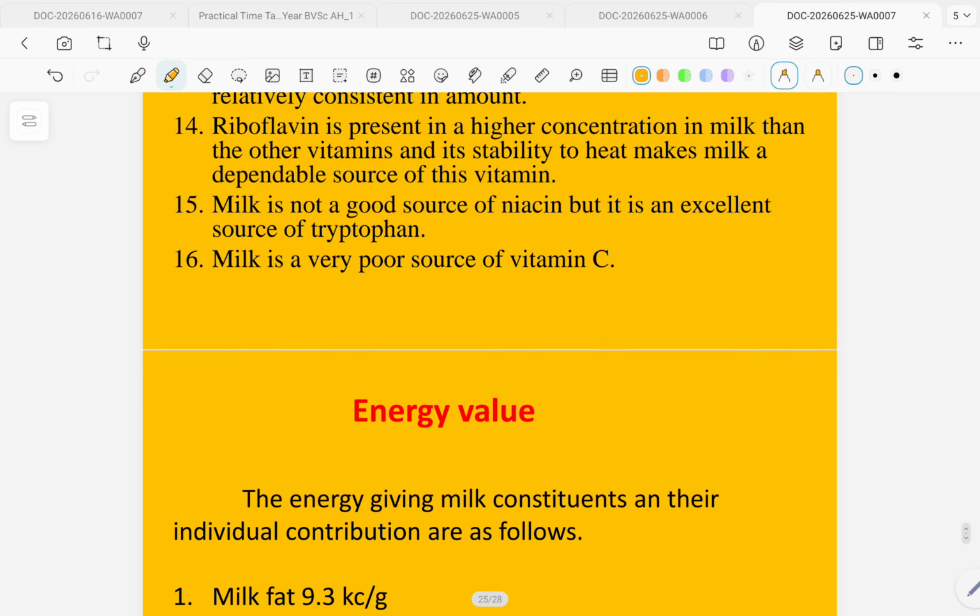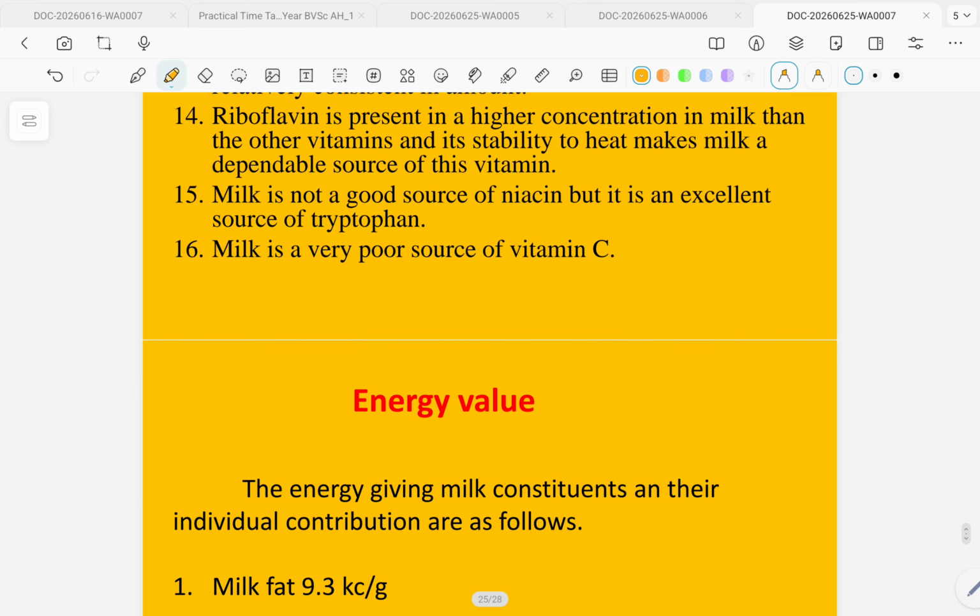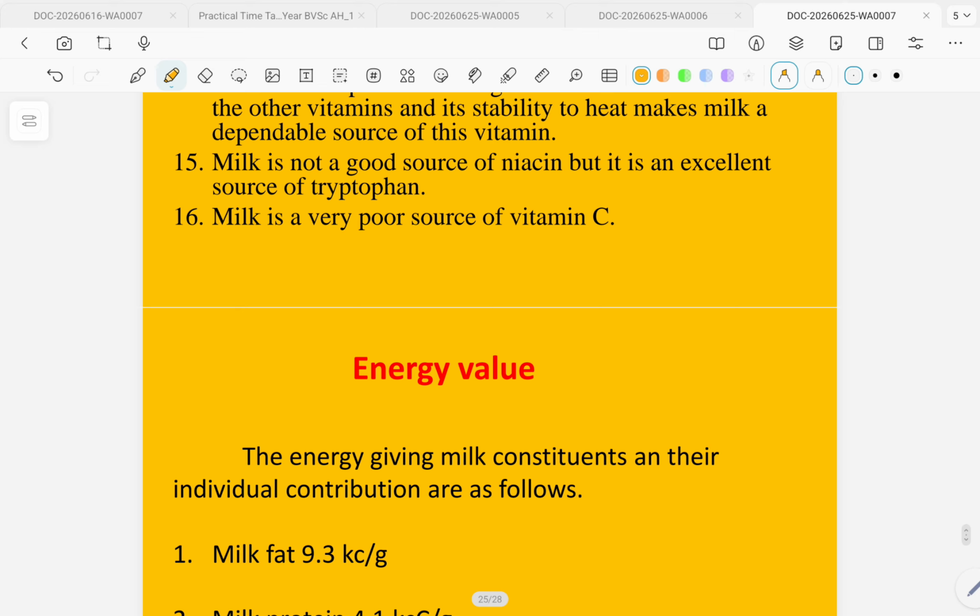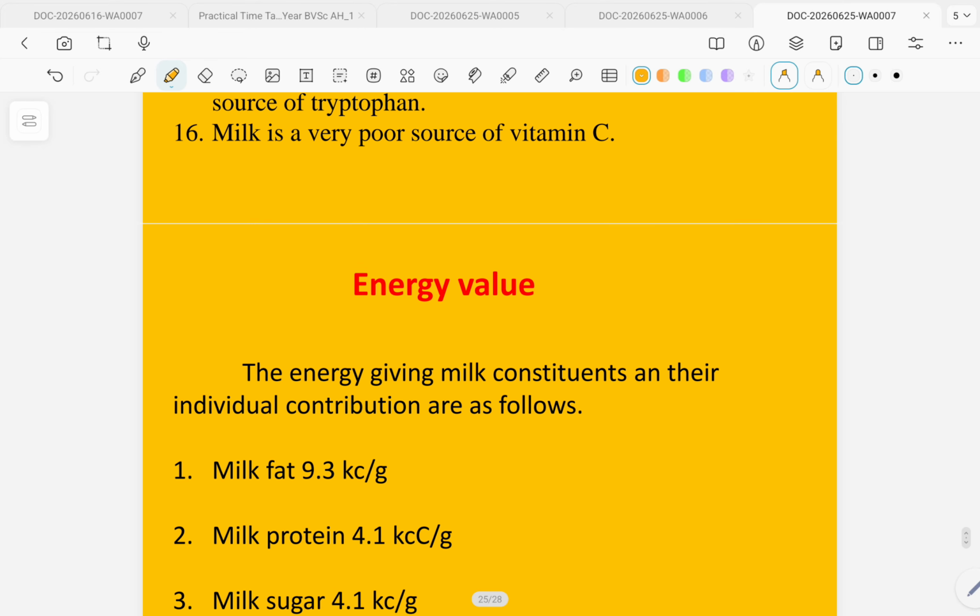Milk is not a good source of niacin, but it is an excellent source of tryptophan. Milk is a very poor source of vitamin C. Energy value.